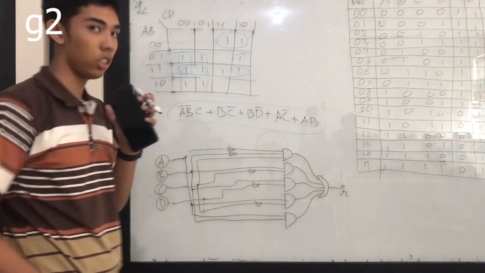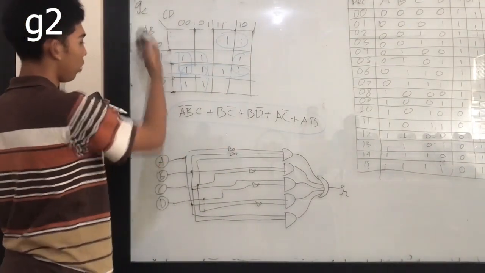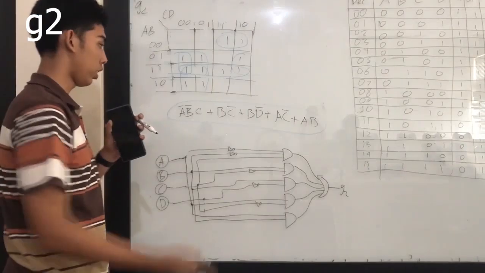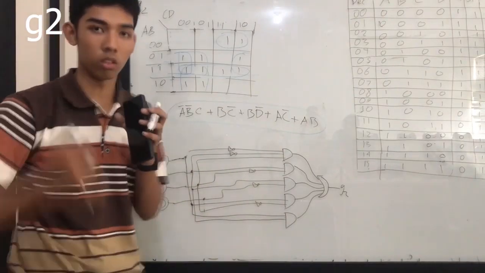Okay, this is the logic circuit for G2, which has this simplified expression from this Karnaugh map from that truth table or that truth table.